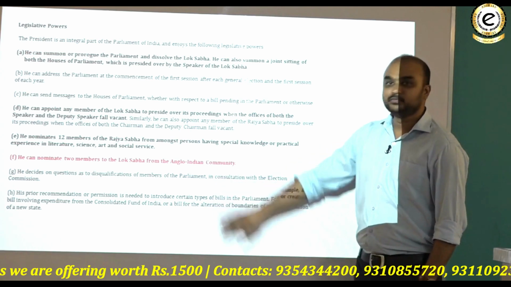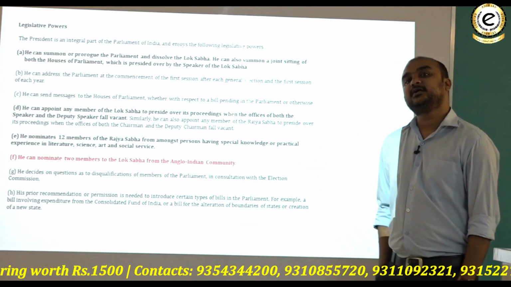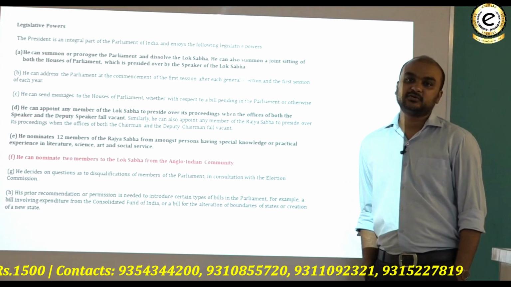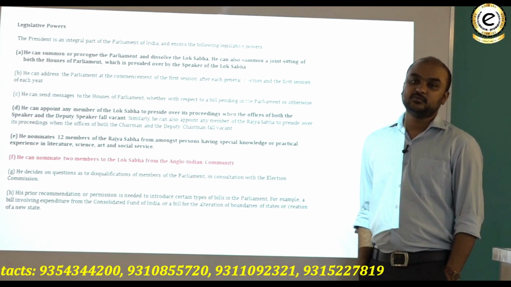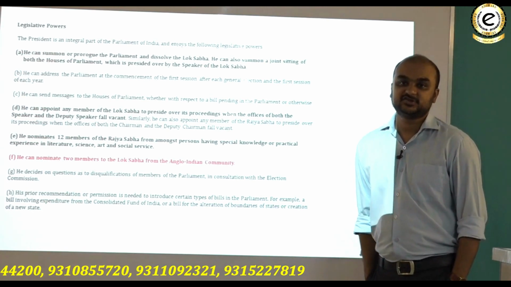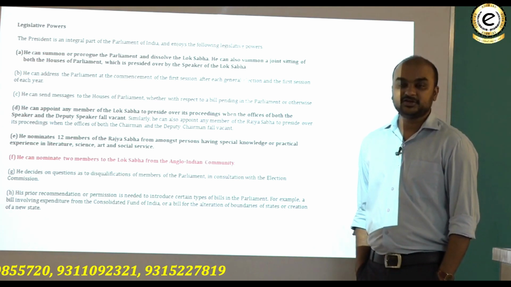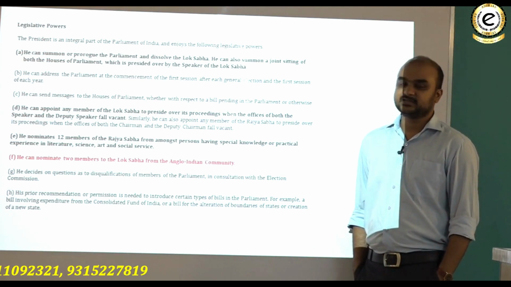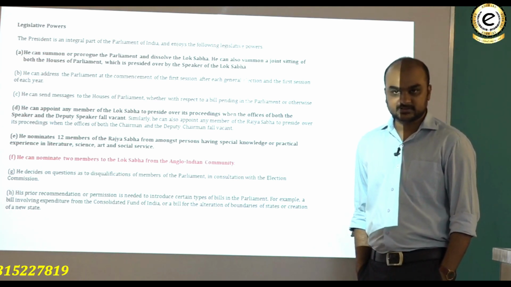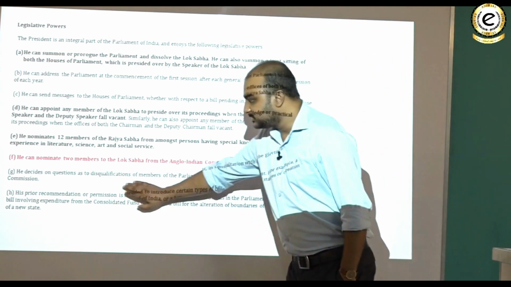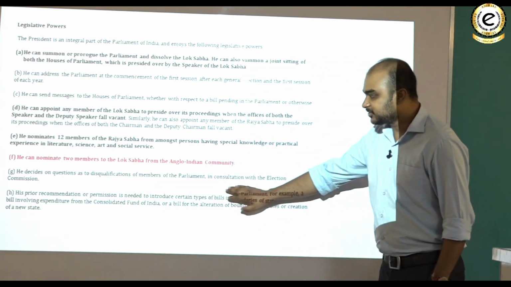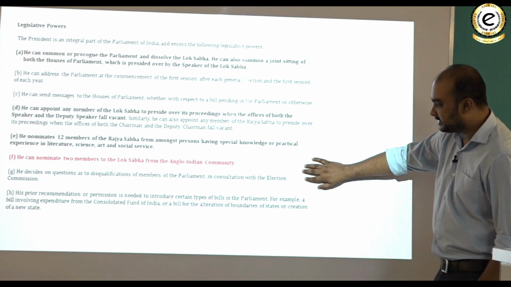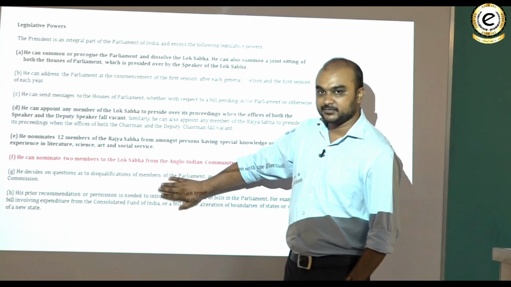Now, these 2 members from the Anglo-Indian community, who were otherwise going to the Lok Sabha, and 1 member who was going to the state legislatures through nomination by the Governor, as the case might be, no longer exist.